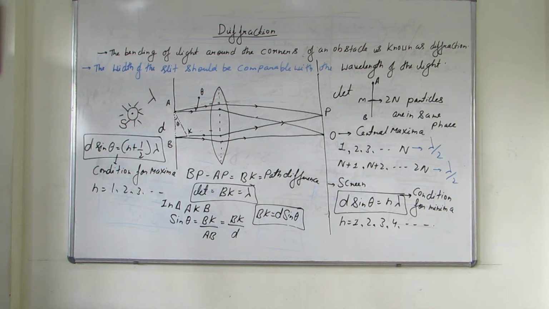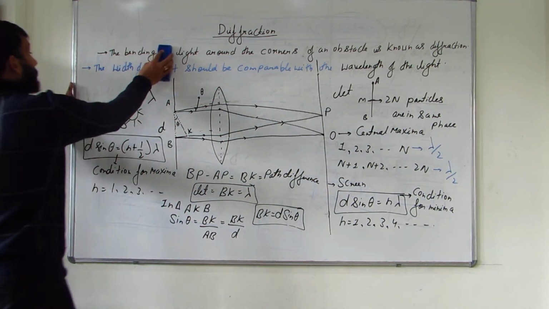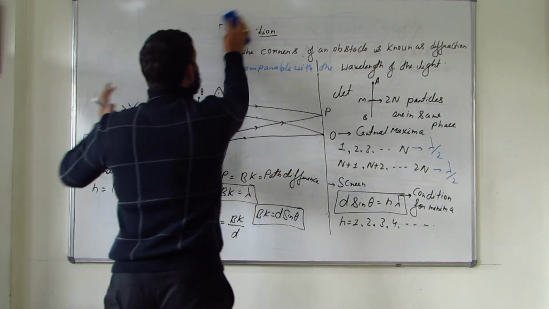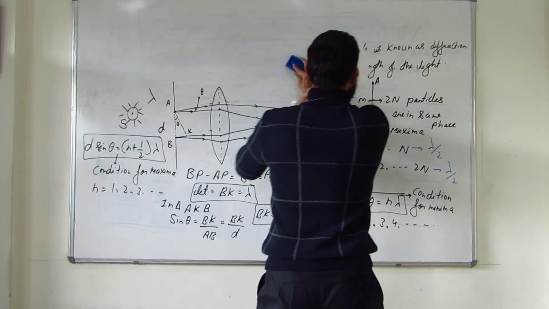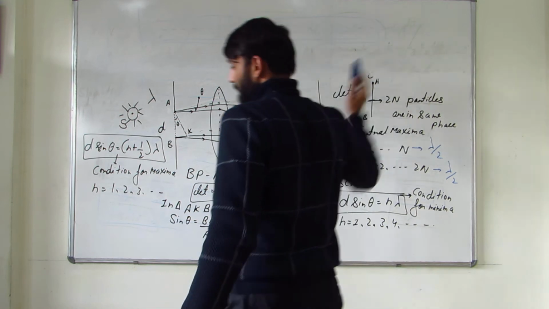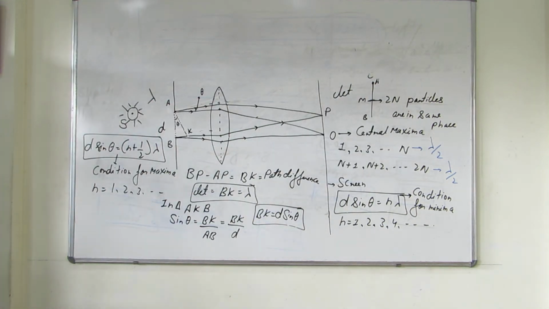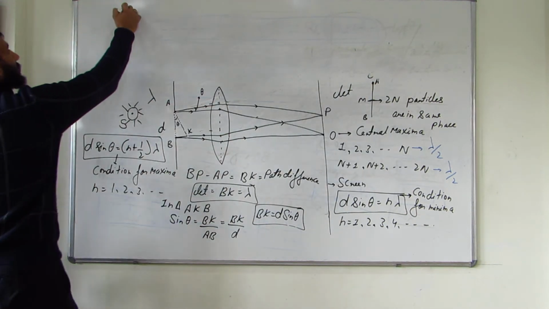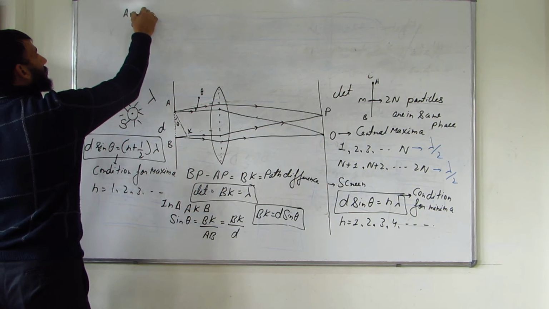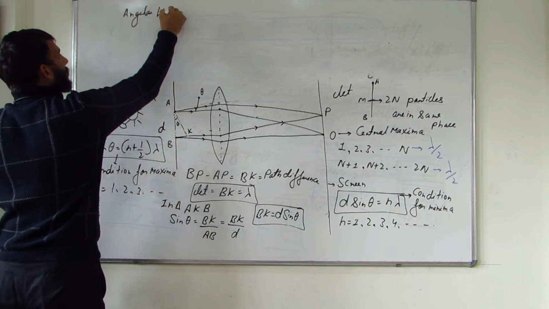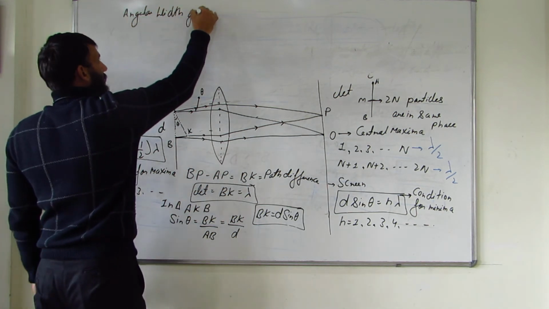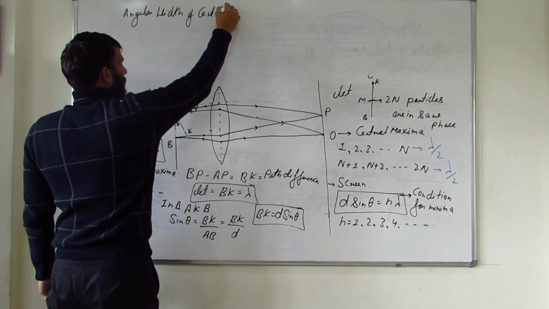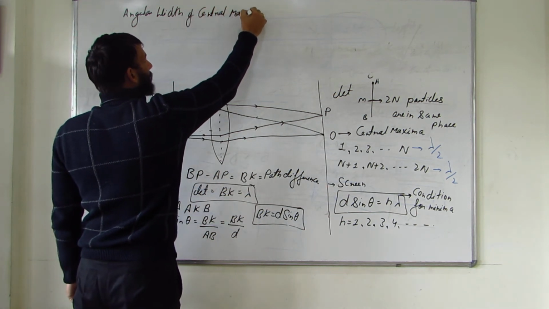For that I should take the triangle. I shall first remove this. So what I am trying to do now is to find out the angular width of central maxima.